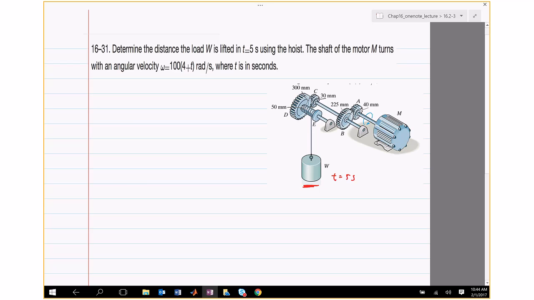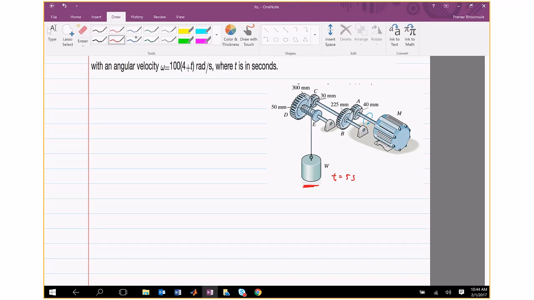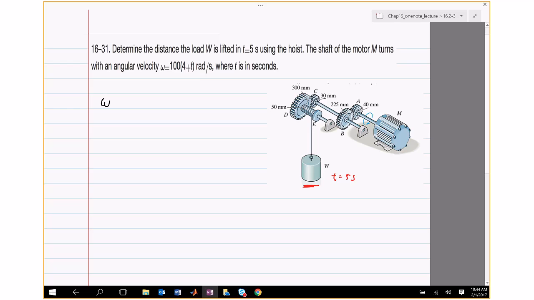The shaft of the motor M turns with an angular velocity of 100 times 4 plus t. So the angular velocity of the motor is 100 times 4 plus t. We need to find h, or the height moved by W in 5 seconds.